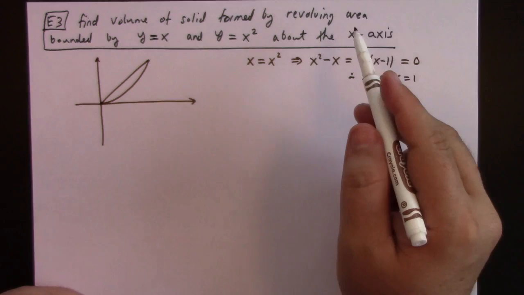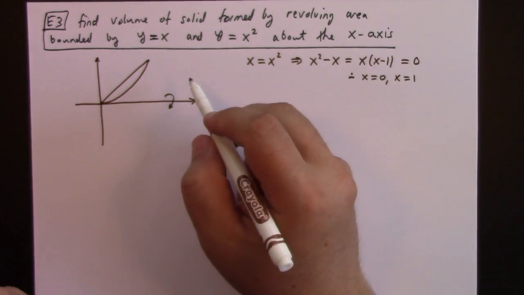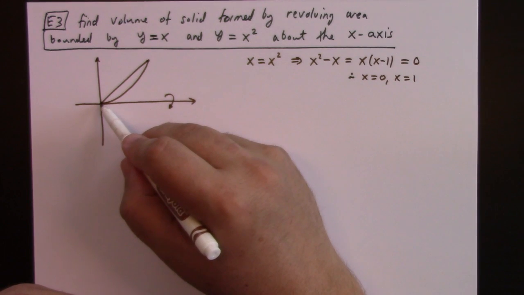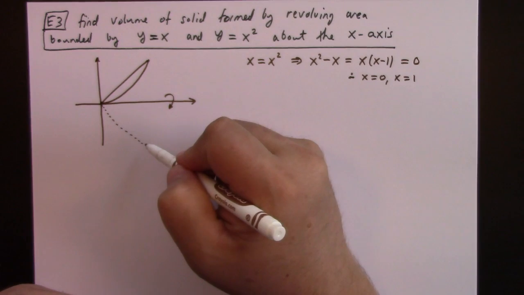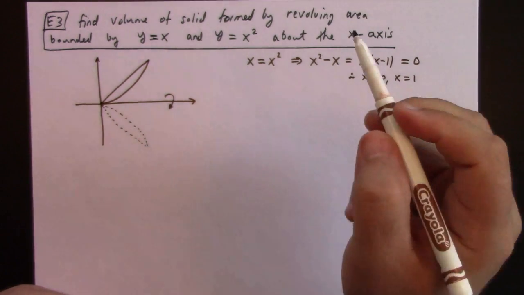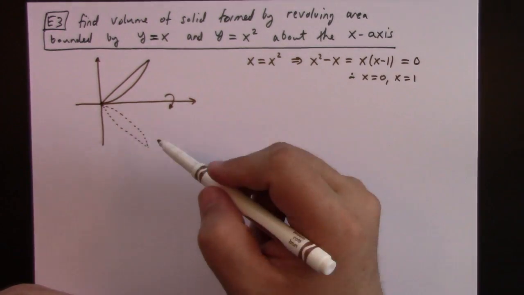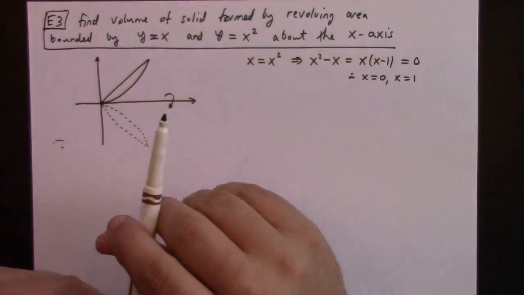And then we're revolving it around the x-axis. So like that. So what I usually draw is a dotted version of the same thing. Well, you know, the spirit is willing, the pen is weak. So here's the revolved one around the x-axis like that.